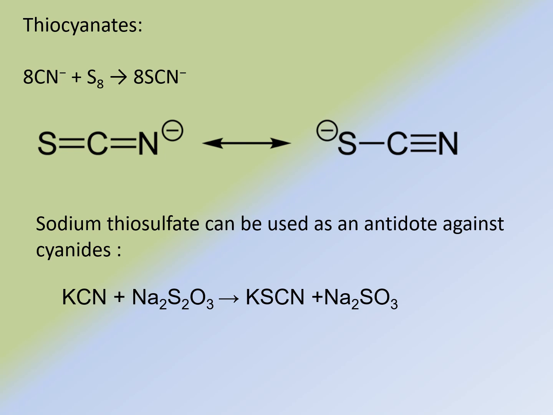That is why if we convert cyanides into thiocyanates, they are much less toxic, and this is the way to save a person who has taken cyanides. It can be done with the help of thiosulfate.